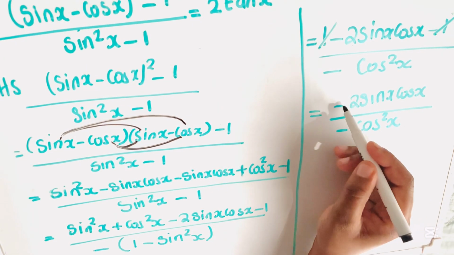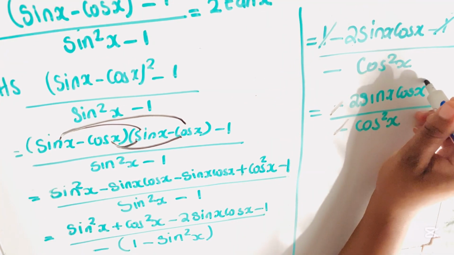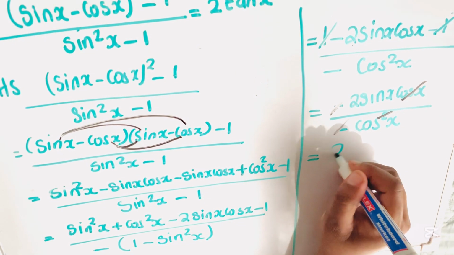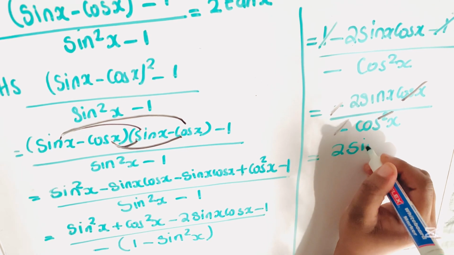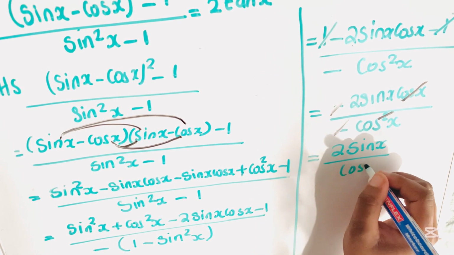So a negative divided by a negative is positive. This cos will divide with 1 cos over there. 2 sine x over cos x.